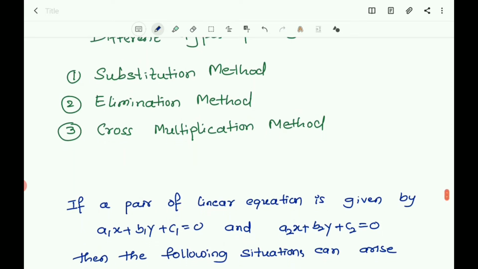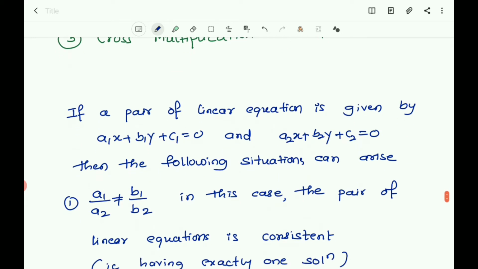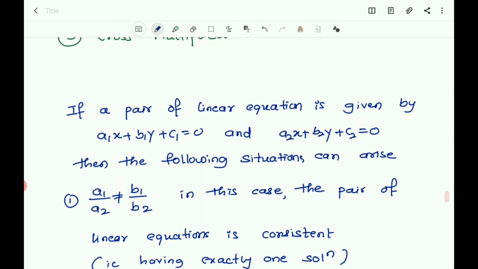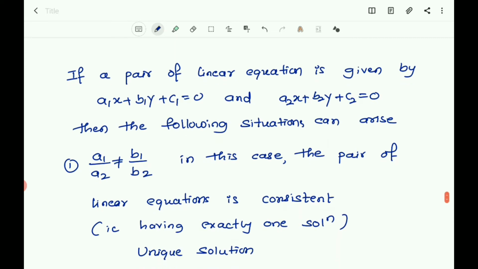Without finding the actual solution, you can discuss the nature of the solution of the pair of linear equations in two variables. That is, the nature of the solution depends upon the values of the coefficients of x and y in the equations. You know that the general form of a linear equation in two variables is ax plus by plus c equals 0.